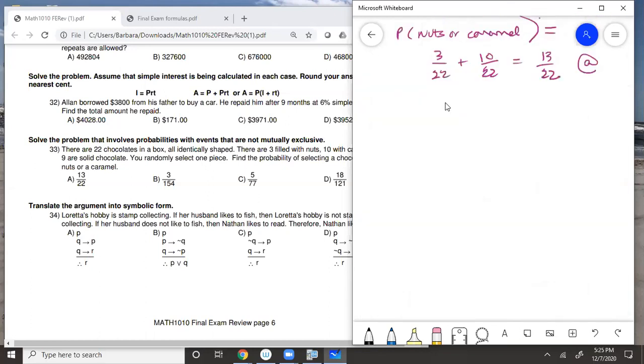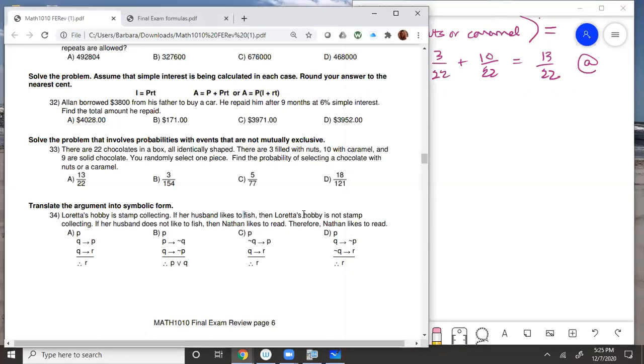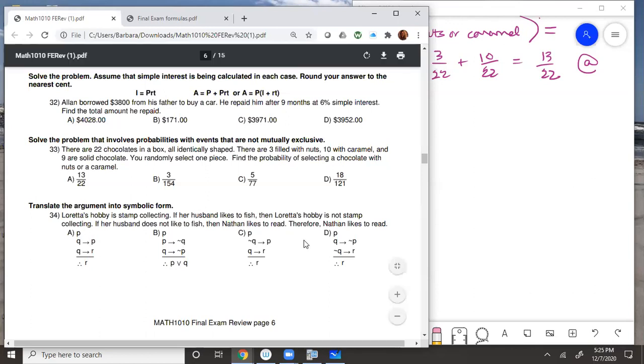And number 34: Loretta's hobby is stamp collecting. If her husband likes to fish, then Loretta's hobby is not stamp collecting. So that's if P, then not Q. Okay, that looks like B right here.